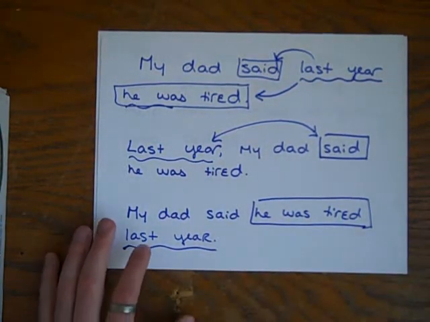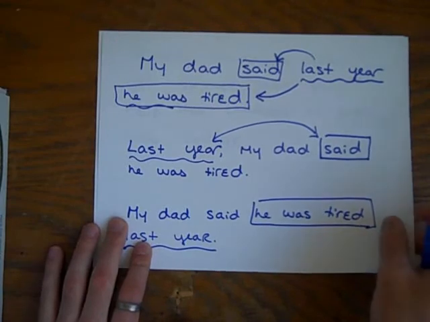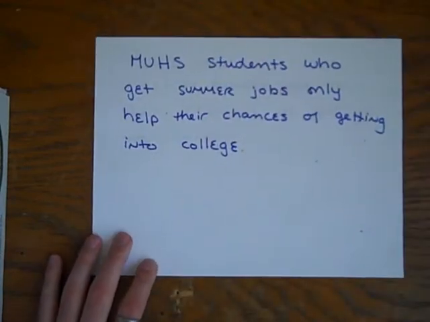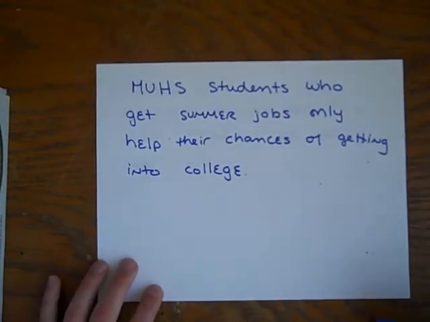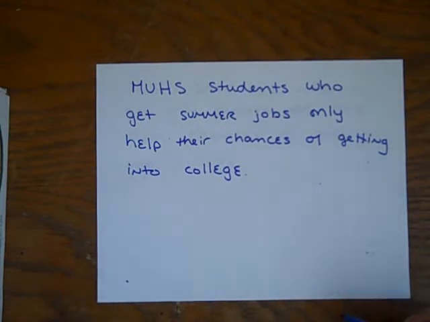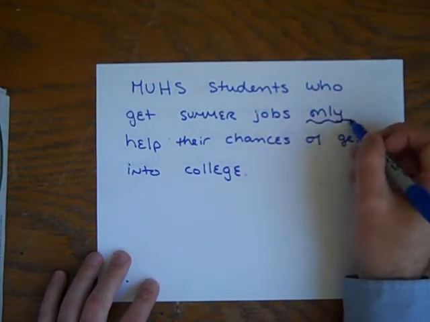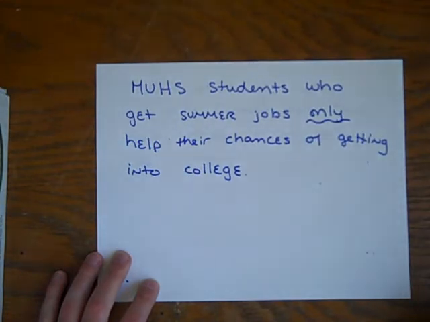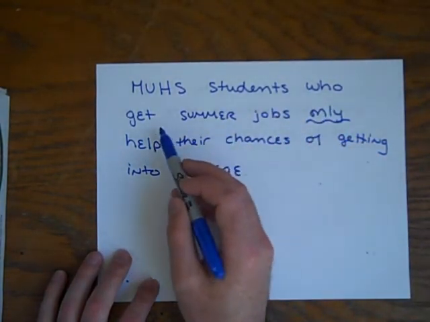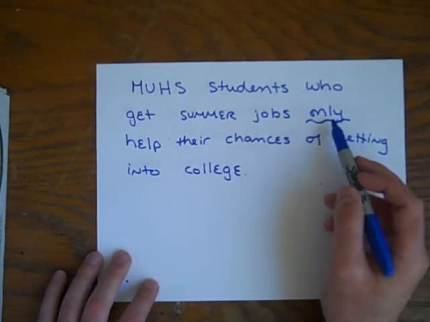Let's look at another one of these, because sometimes this can be tricky. The sentence says, MUHS students who get summer jobs only help their chances of getting into college. Let's look at this word only. There's two different ways you could read this sentence. MUHS students who get summer jobs only.